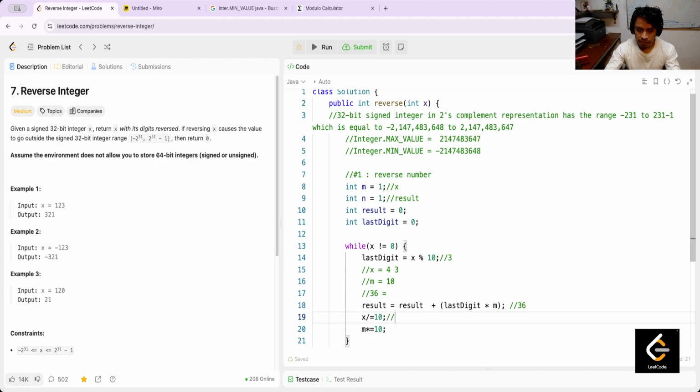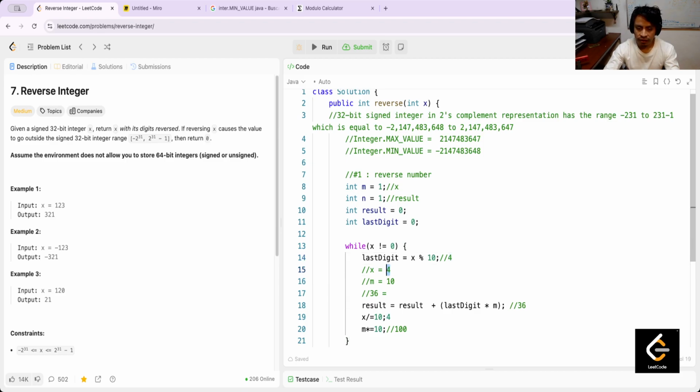Now m, right now with the value 10, is multiplied by 10, which is 100. Sorry, no: 43 divided by 10 is 4. And now m is 10 multiplied by 10, which is 100. Now x has the value of 4. The last digit is 4.